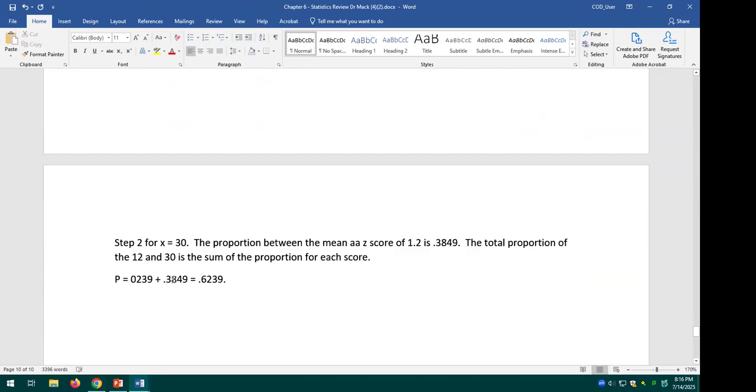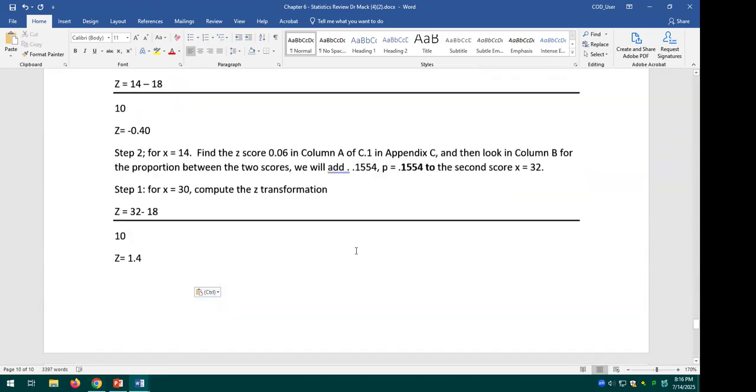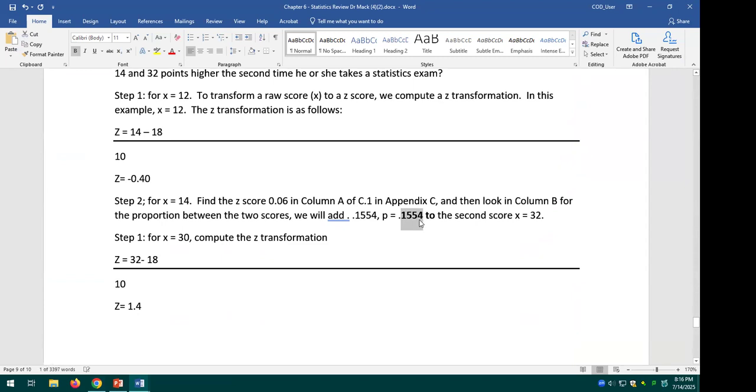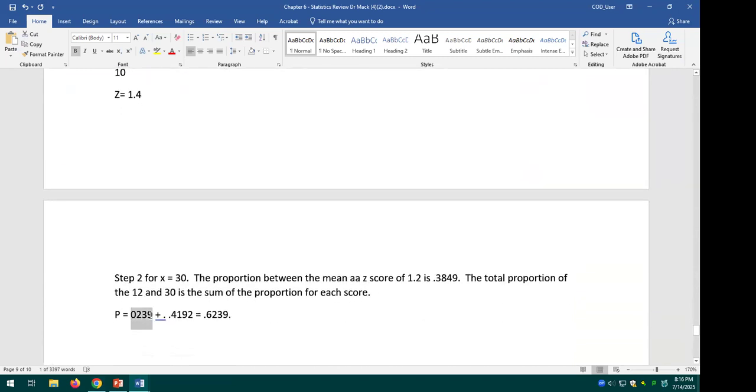So we're going to take 0.4192 and we're going to add 0.1554 to that.